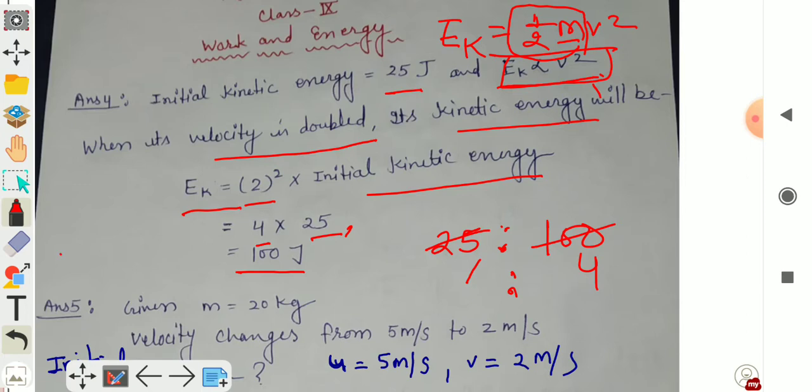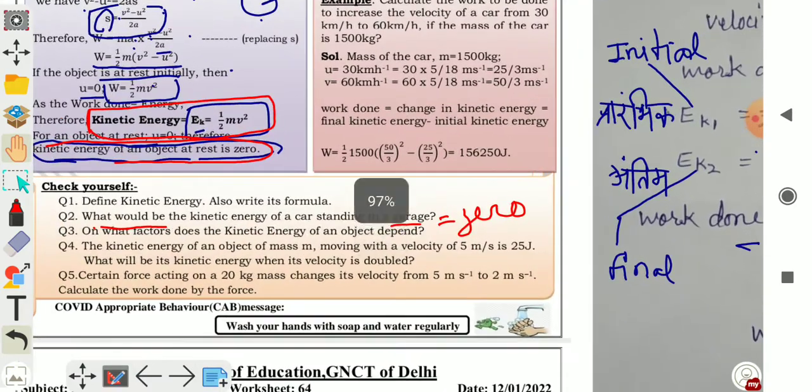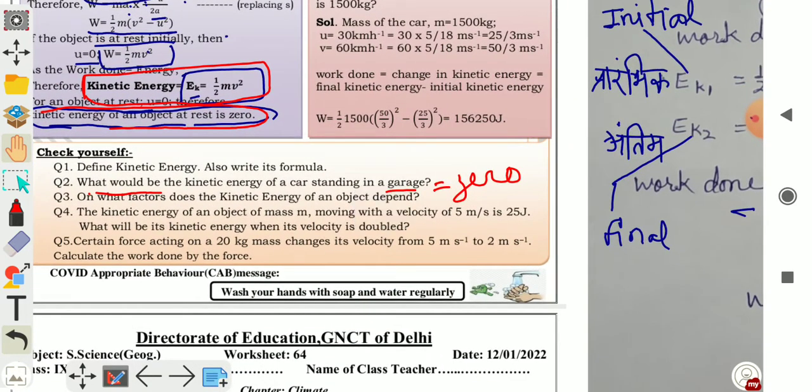Question number 5 is also a numerical. A certain force acting on a 20 kg mass changes its velocity from 5 meter per second to 2 meter per second. Calculate the work done by the force.